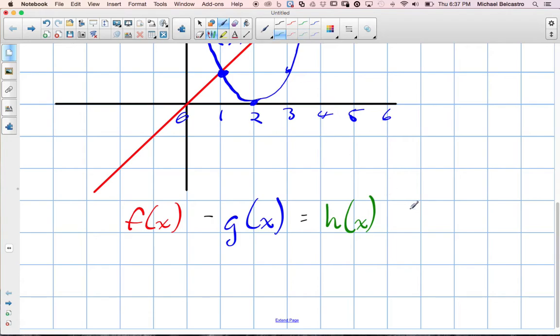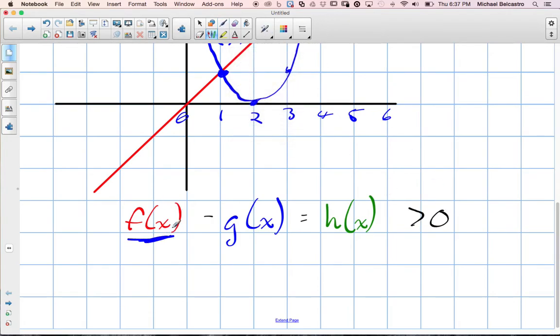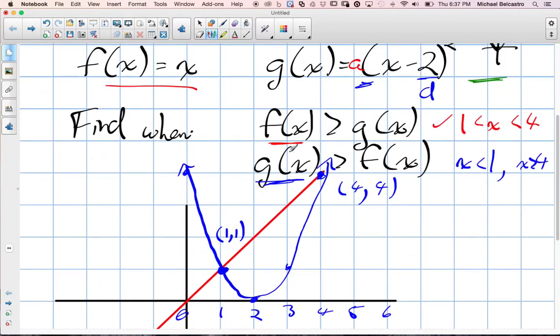Whenever that new function is greater than 0, that would mean that f at x is larger than g at x. In other words, we're solving for the first idea, when f at x is greater than g at x.